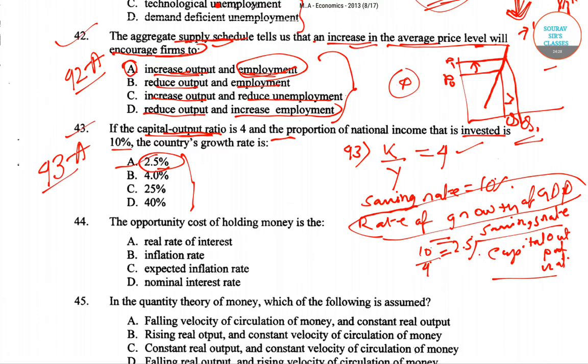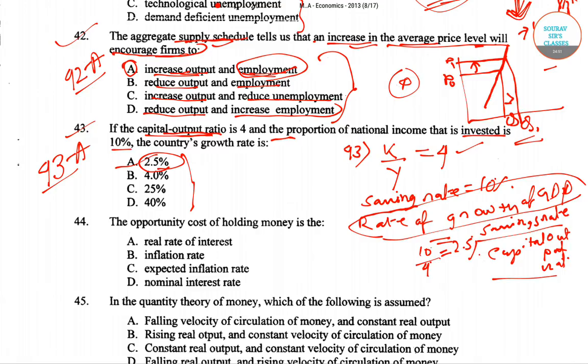So what we have done, we have simply written down the formula: K by Y, that is the capital output ratio, is given as 4. It is also given that the proportion of national income that is invested, which is the saving rate, is 10%. Now we have to find the country's growth rate.